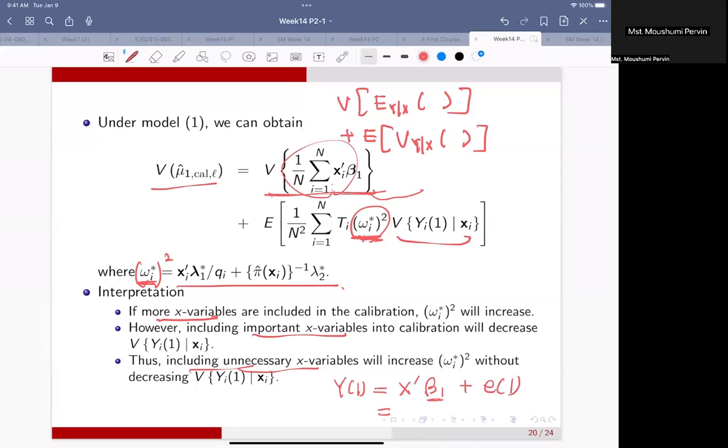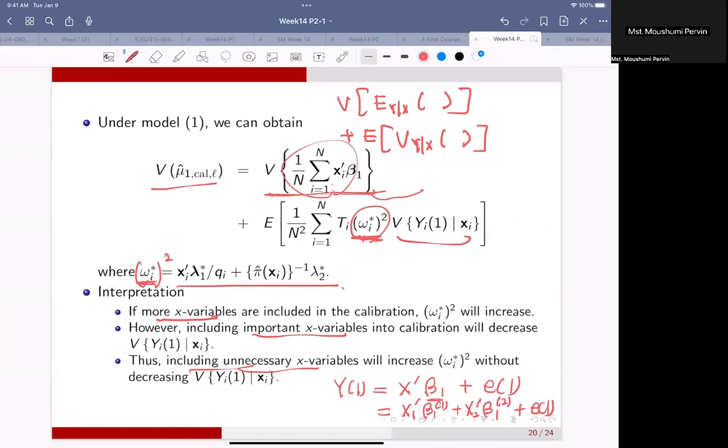When we write this way, that doesn't exclude the situation with the 0 coefficient, right? Some of them could be 0. So for example, you can write x1, beta 1, this way, right?